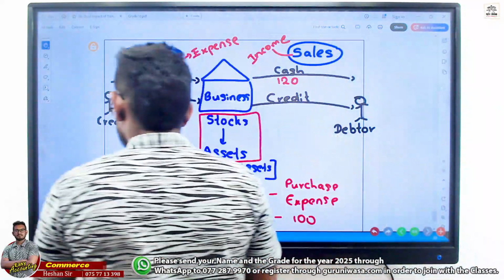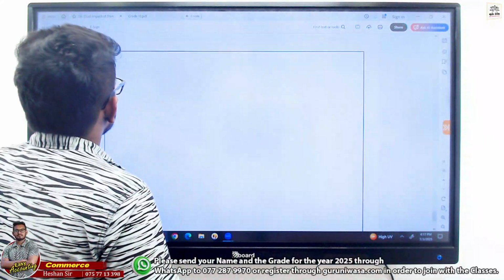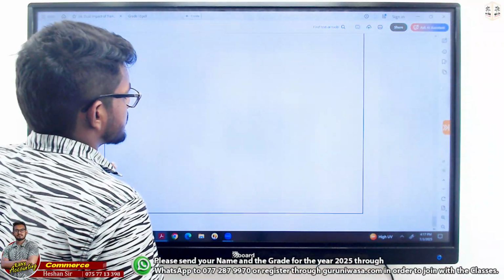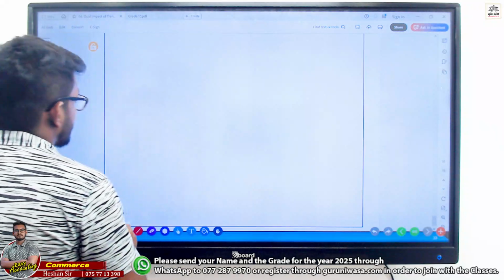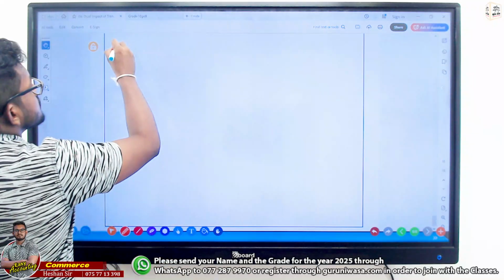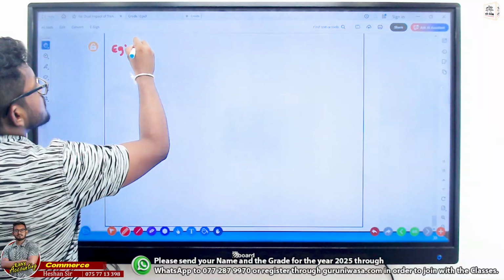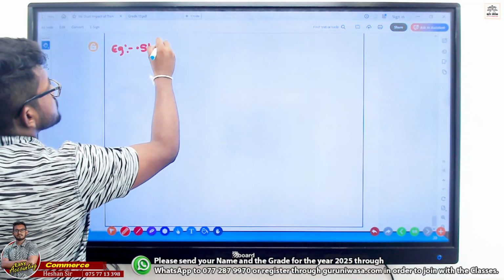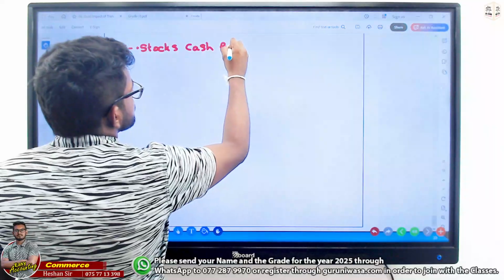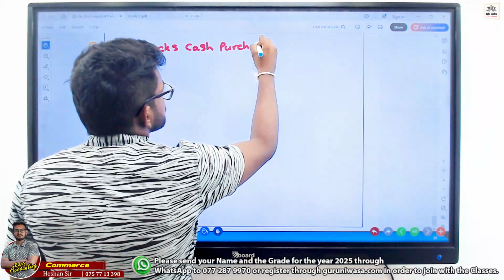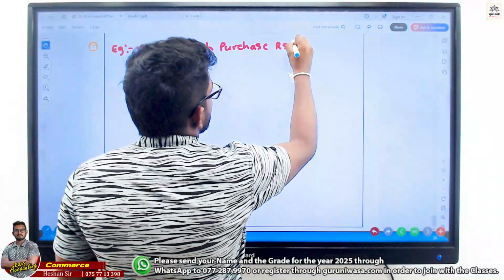I'll take 4 examples. Example. Look here. Number 1: stocks cash purchase, rupees 100,000.